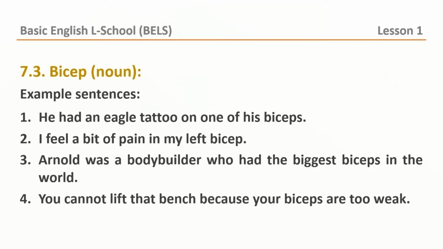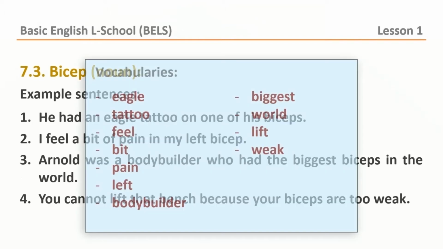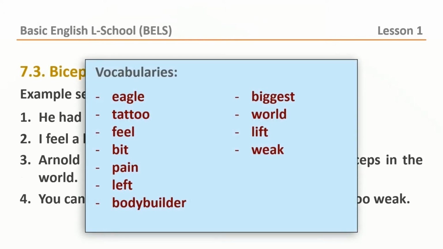You cannot lift that bench because your biceps are too weak. The vocabularies are eagle, tattoo, feel, bit, pain, left, bodybuilder, biggest, world, lift, weak.